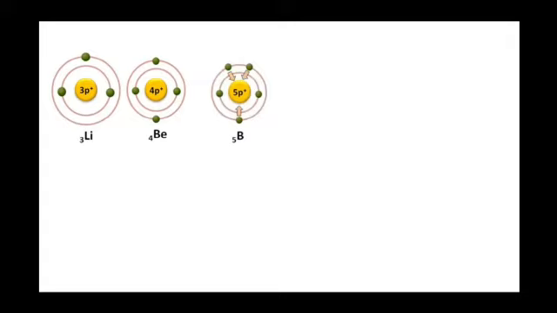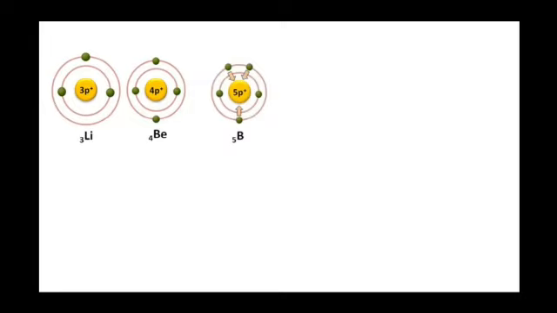We know that in the periodic table, when we move from left to right, atomic radius decreases, and it's due to increase in the nuclear charge, and also the addition of electrons will take place in the same shell.